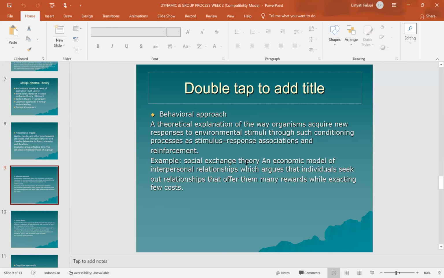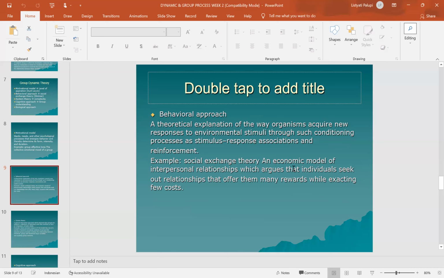So, social exchange theory's understanding of interpersonal relationships between members is based on a behavioral approach, which is based on stimulus-response associations. That's why, if we see the conclusion of social exchange theory, individuals' interpersonal relationships are determined by a reward and punishment mechanism.